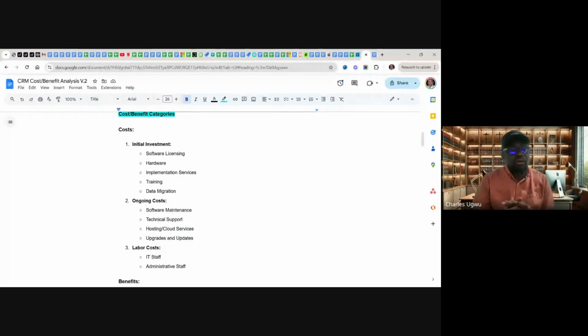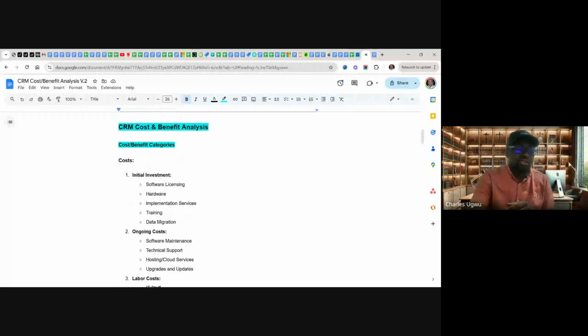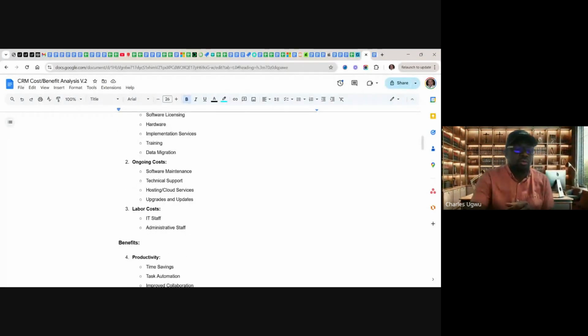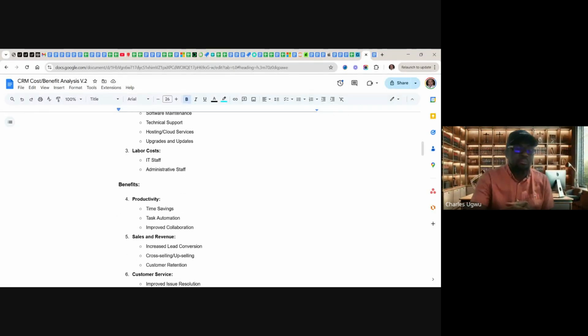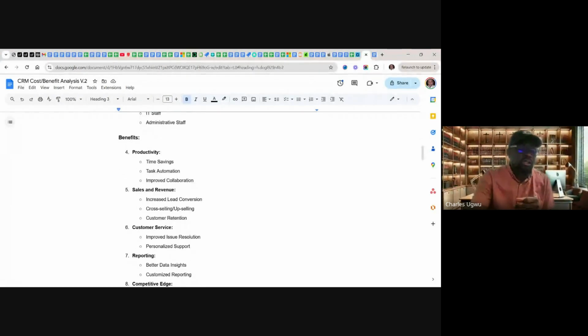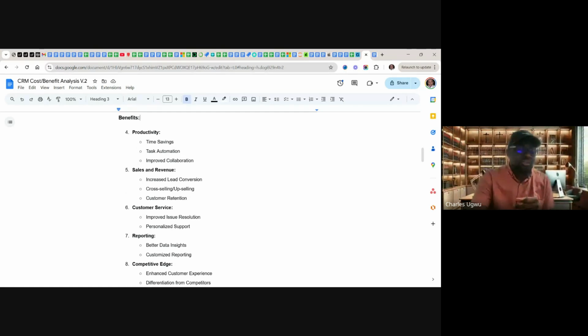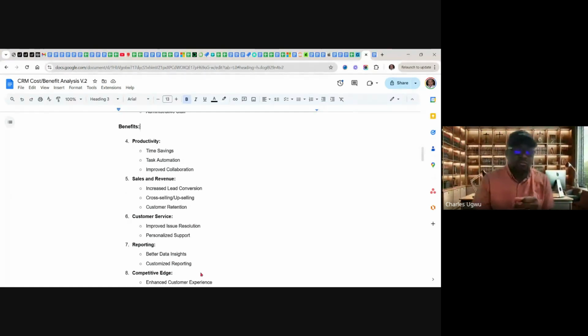And then after determining the cost, we'll talk about the benefit. The benefit we are talking about here is expected, because you cannot say this is the benefit of a project you have not implemented. It's after the implementation that you start getting the benefit. So the benefits we are talking about are what we call expected benefits. Expected benefits, so that's the language.